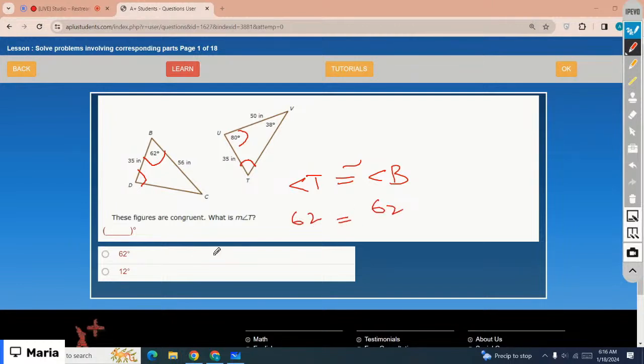That means angle T is also 62. The correct option is 62 degrees. Got it?